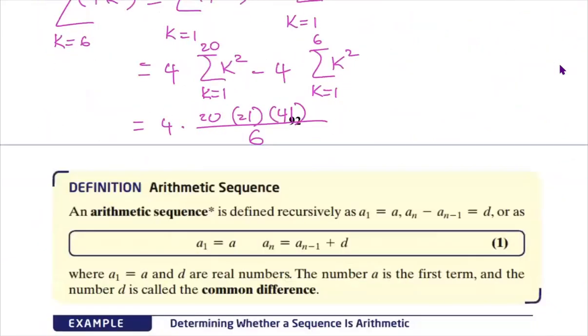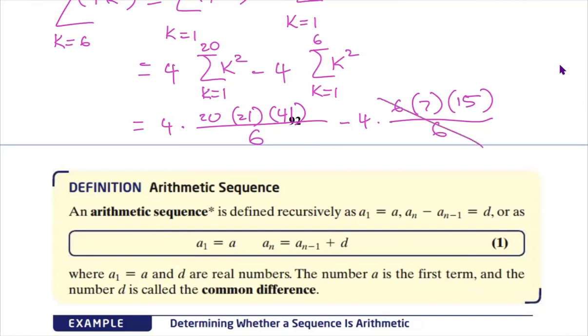And then we minus 4 times 6 times 7 times 2 times 7, 14 plus 1, 15, over 6.